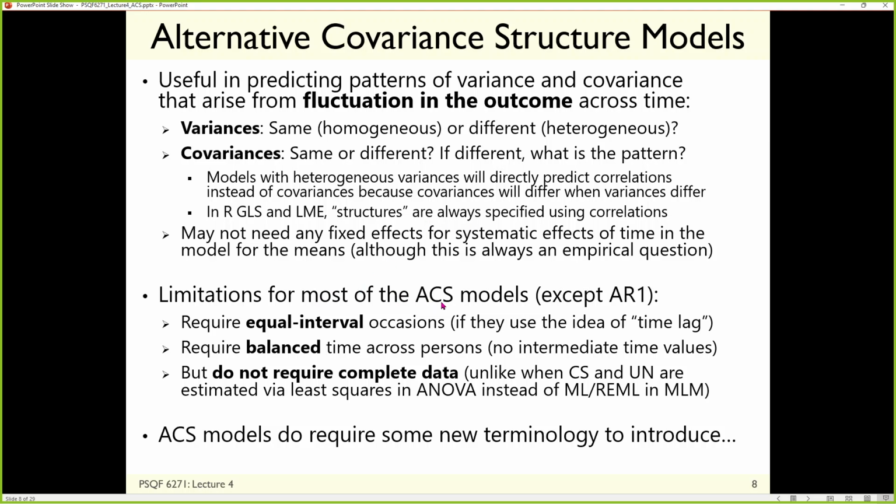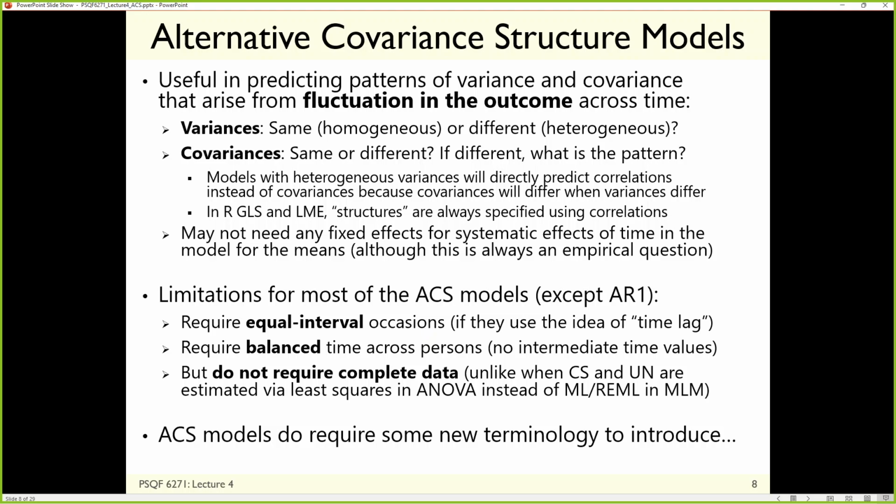Limitations for these: a lot of them require equal interval occasions. If they are phrased in terms of some kind of time lag, that will be the case. So if you have unequal intervals, you will need to adjust for that if possible. You can do so if you're using AR1. We'll talk about what that means in just a second, but not so much some of the others. So equal interval would be like each occasion is 1 week apart, or 1 year apart, or 1 month apart.